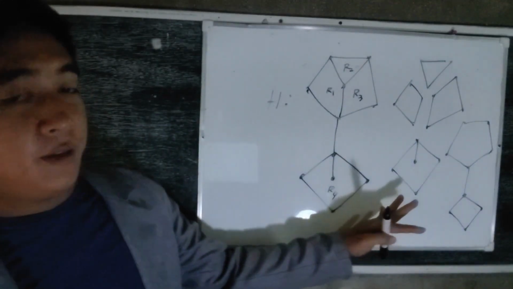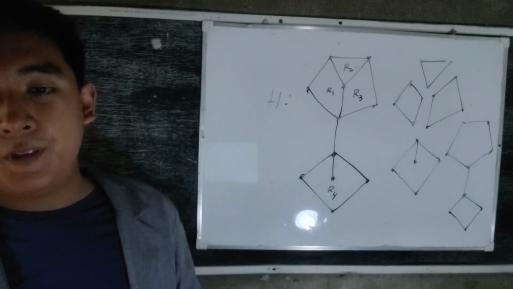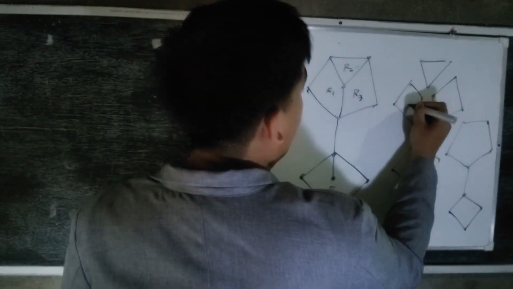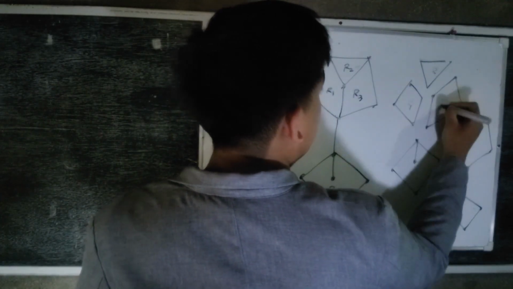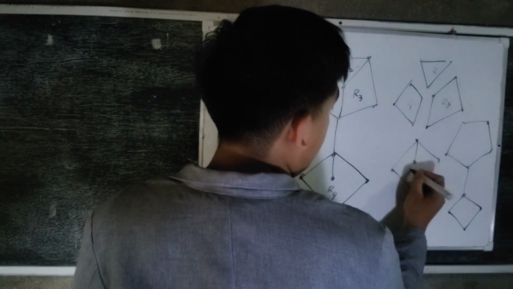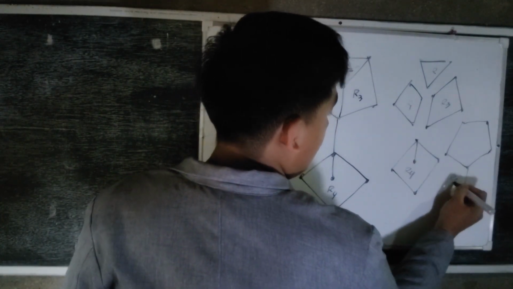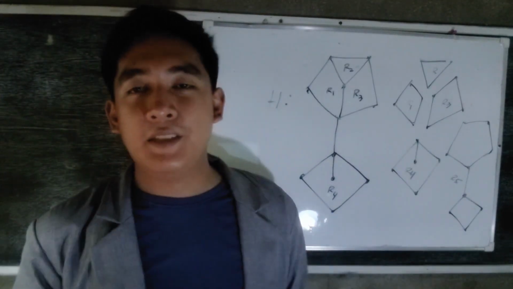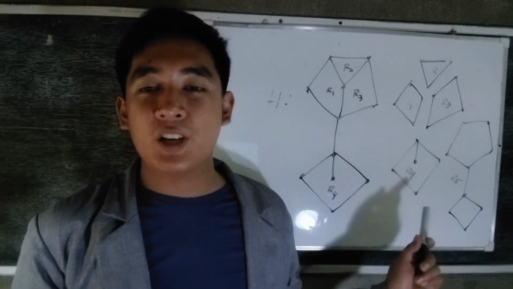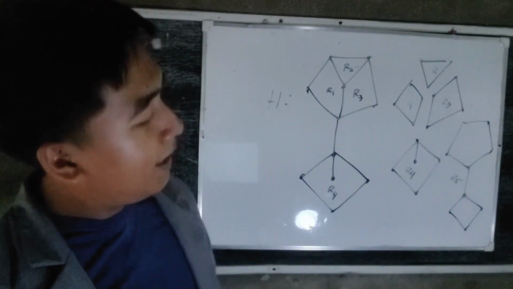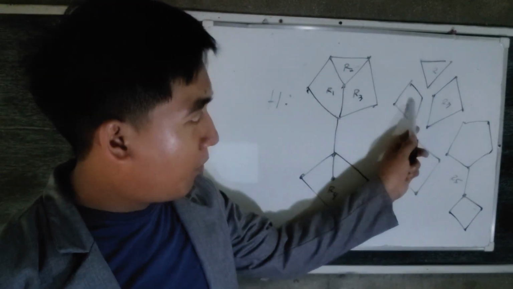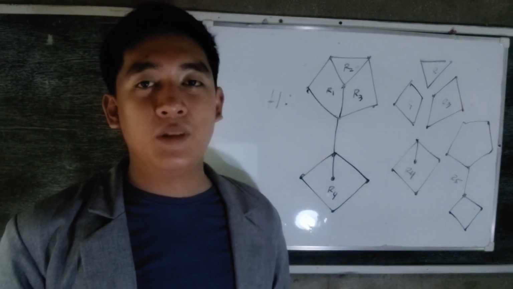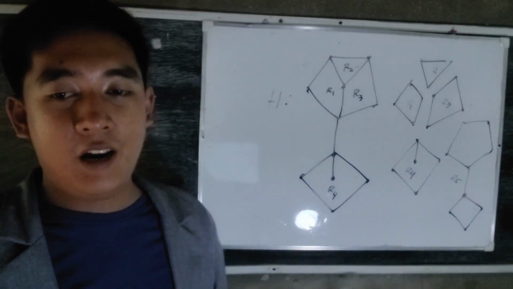Now these are the regions. The graph has 5 regions, denoted by R1, R2, R3, R4, and then R5. Clearly, R5 is the exterior region because this region is unbounded in the plane. R1, R2, R3, and R4 are bounded. Those are bounded regions of the graph.